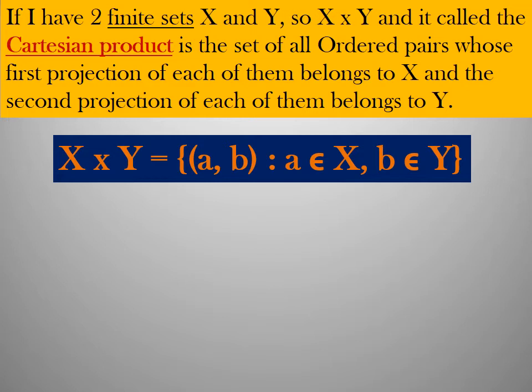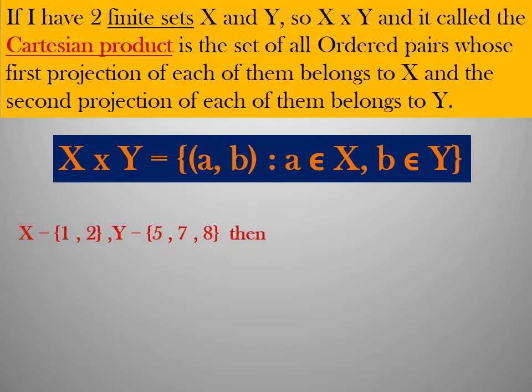So when I have two finite sets and I want to find x crossing y, which is the Cartesian product, I will have a set of ordered pairs. Their projections are A and B, where A belongs to x and B belongs to y. This will be easier when we see our examples.